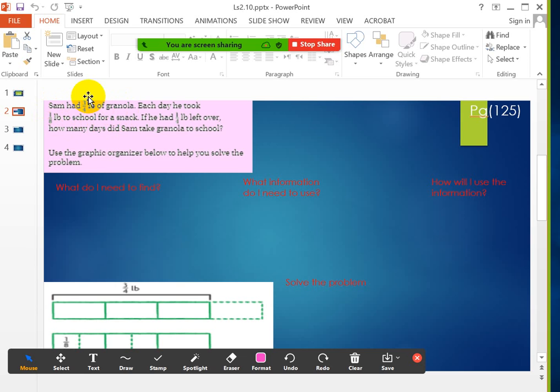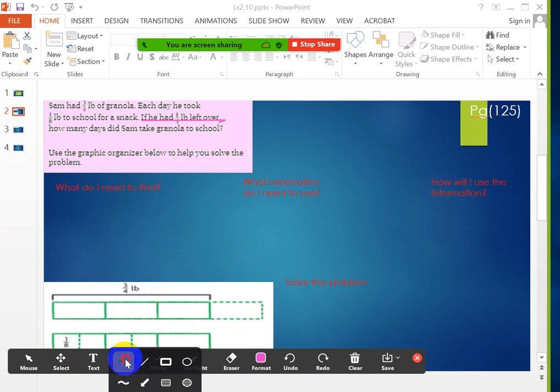So Sam had 3/4 pound of granola. Each day he took 1/8 pound to school for a snack. If he had 1/4 pound left over, so focus on this sentence, please. How many days did Sam take granola to school?